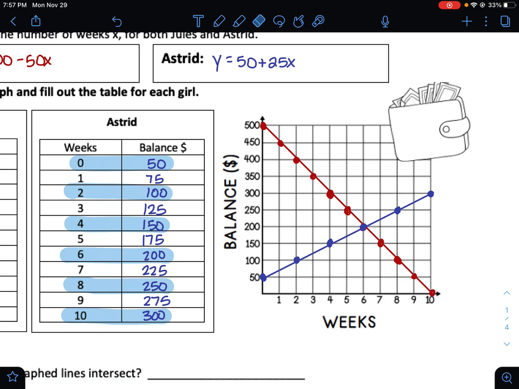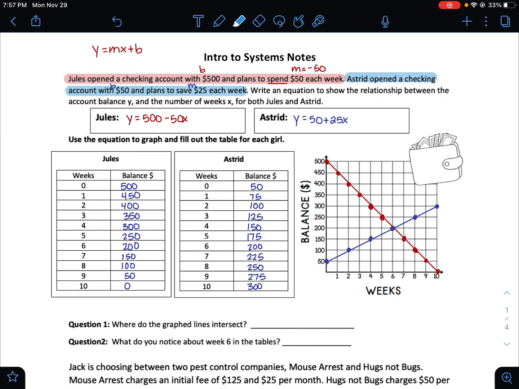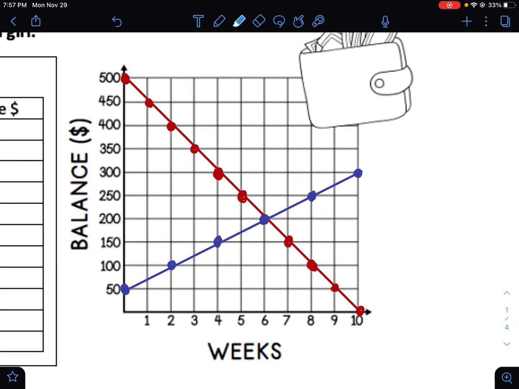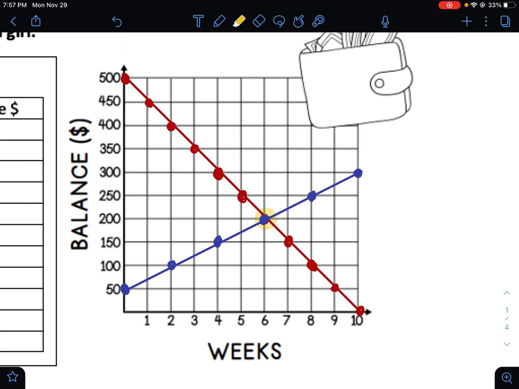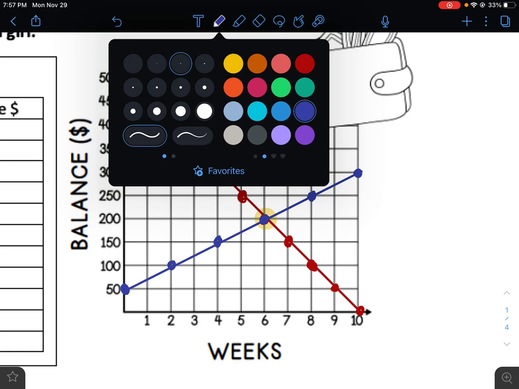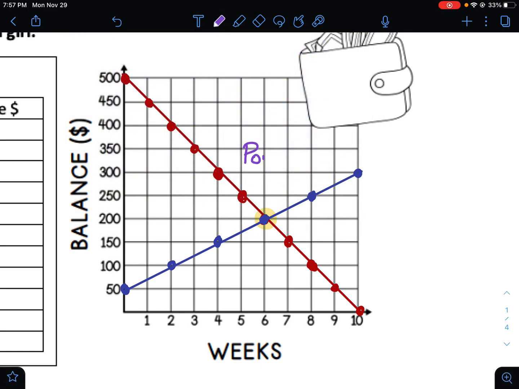Okay, now that we've done that, what do we notice about the lines graphed? We should notice that they both intersect right there. This is known as the point of intersection. Right here where these two lines intersect.